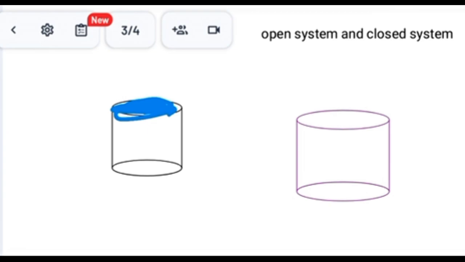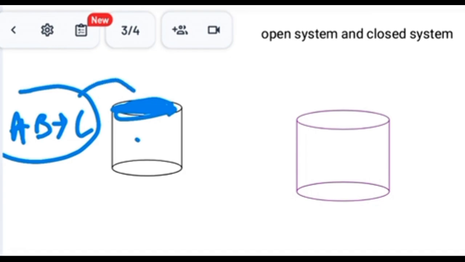So let's say there are two reactions. One reaction is going on in which basically A gas reacts with B gas to form C gas. Now this reaction is going on in this container, and it's going on in this container.